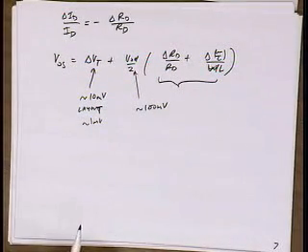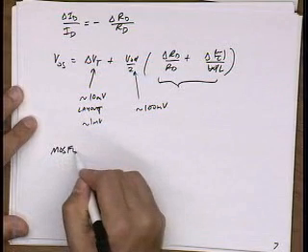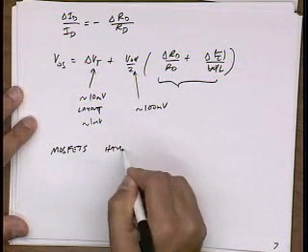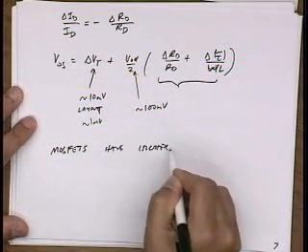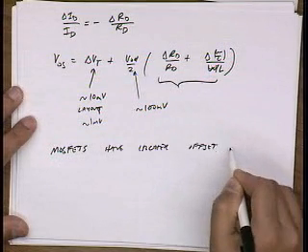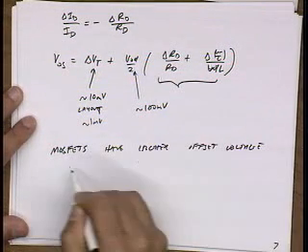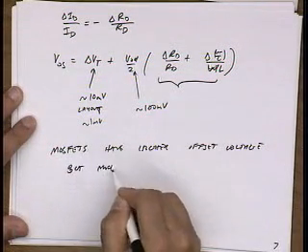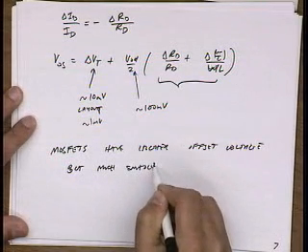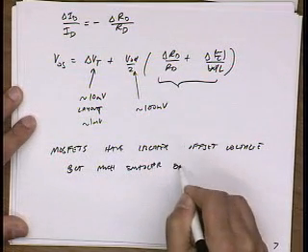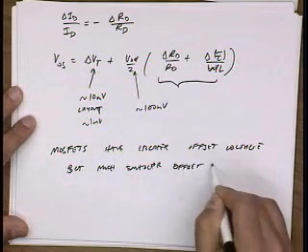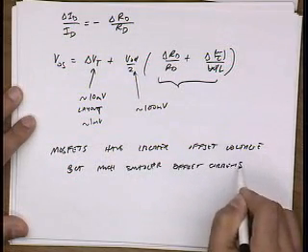Okay? So MOSFETs have higher offset voltage, but much smaller, for obvious reasons, offset currents.